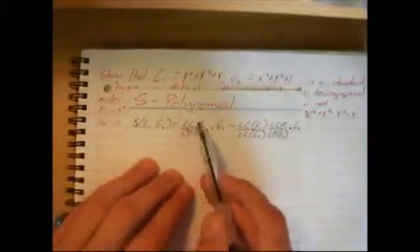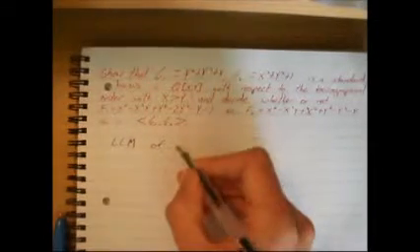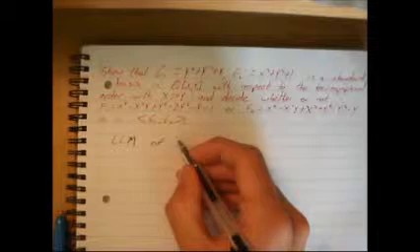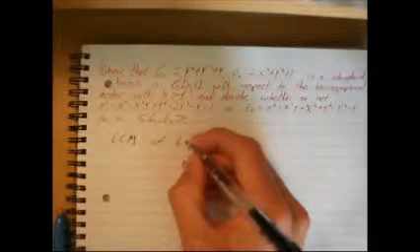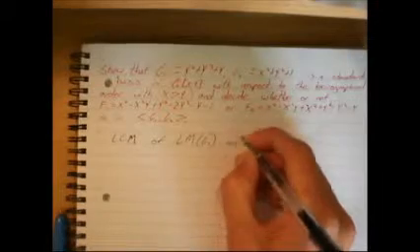So first of all, we'll find out the LCM, the lowest common multiple of the leading monomial of g1 and the leading monomial of g2.